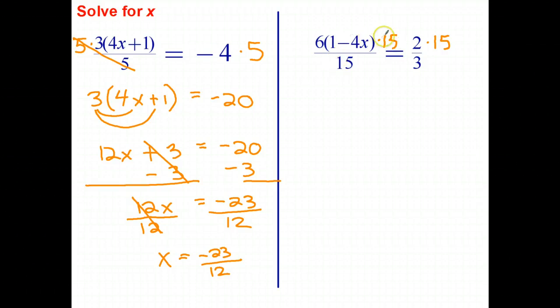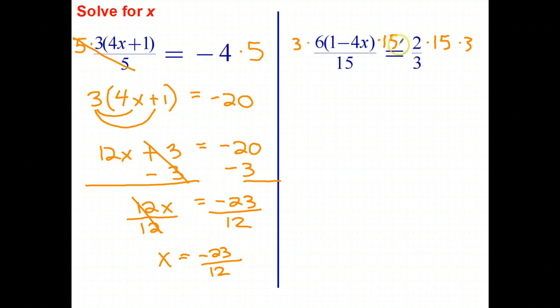So I've multiplied that side by 15, and that side by 15. Now I'm going to multiply both sides by 3. I'm going to multiply this side by 3, and this side by 3. I want that 3 in the front, which is why I put the times 15 at the end.